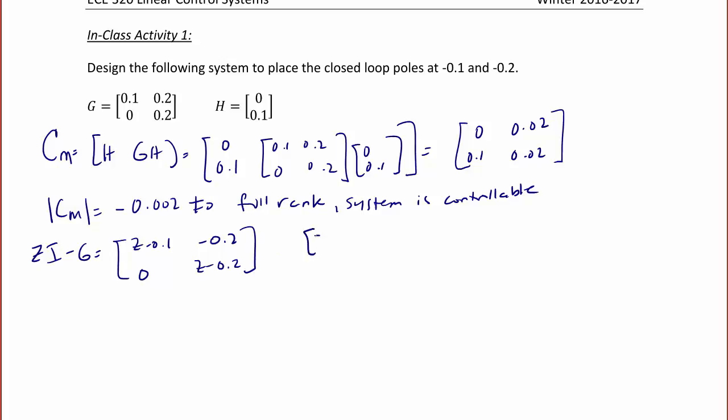Then I'm going to find the inverse of zI minus G, which is 1 over (z minus 0.1) times (z minus 0.2) times the adjoint of that 2 by 2, which is [z minus 0.2, 0.2; 0, z minus 0.1].